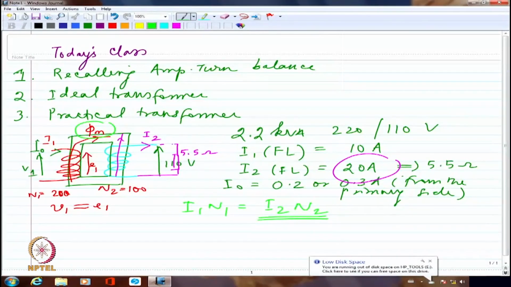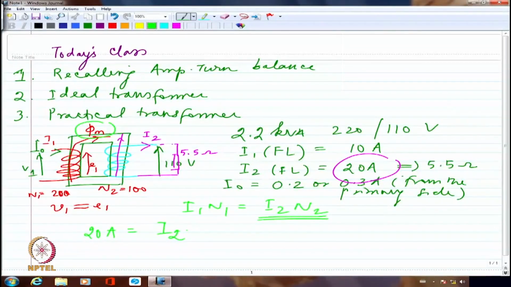So if I look at the values, I am going to have 20 amperes as the secondary side current. So corresponding primary side current will be 10 ampere. If I look at the total current of the primary side, I should have this 10 ampere added to the 0.3 or 0.2 amperes with their respective power factors as well.